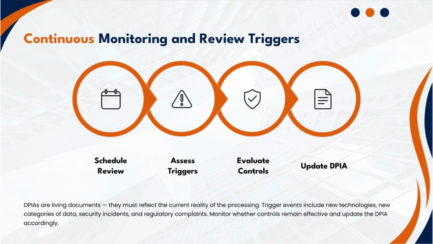Because they had review triggers in place, they promptly updated their assessment and stayed compliant. Without that trigger, they'd have drifted out of compliance unknowingly. So ask yourself, what events should prompt us to revisit our DPIAs? Define those triggers and your assessments stay genuinely current.